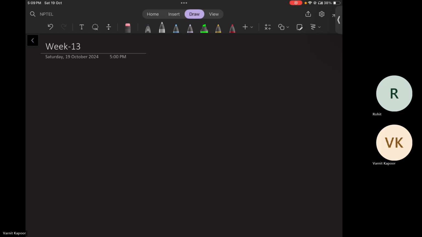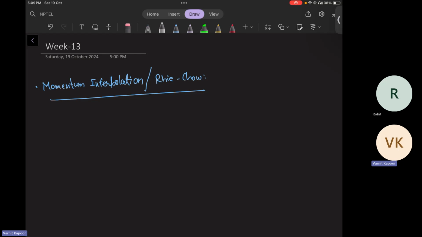Momentum interpolation, or you can say Rhie-Chow interpolation, where I was saying that your interpolation can be written for the west face as u_w equals (u_W hat + u_P hat)/2 plus (E_W minus E_P).